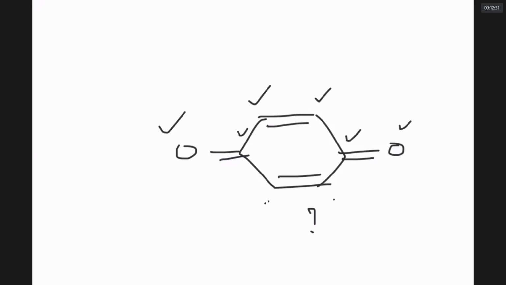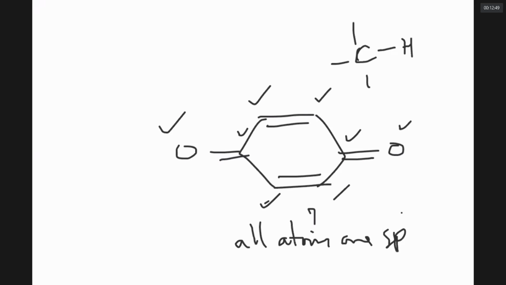If everybody is making a double bond, there is nobody making only single bonds with carbon and hydrogen. It is not having that. All atoms are sp2 hybridized. No tautomerism.